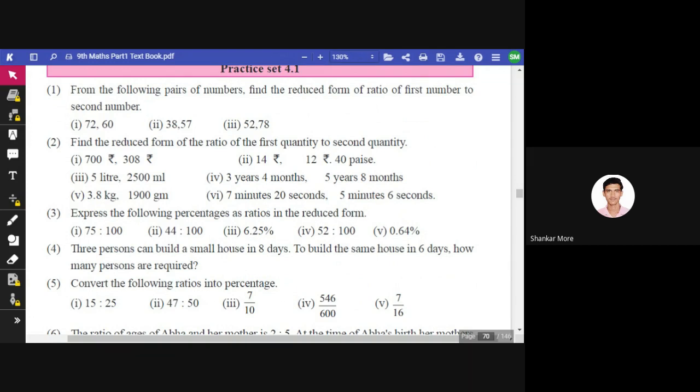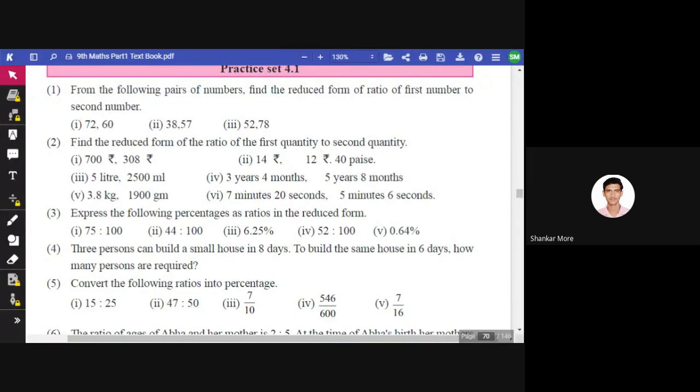So how many of you have completed this practice set? How many of you have tried this practice set at home, and you may be having some difficulty in any of the questions, so that we can discuss that question here? Okay. Only Kadambari has completed the practice set. Half complete. All right.